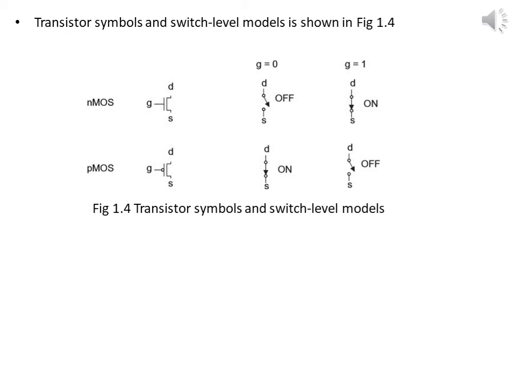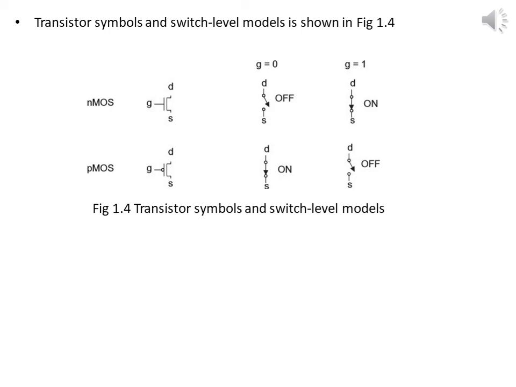So here you can observe that there is a gate, a drain and a source in both the NMOS and PMOS. But the difference here is, in NMOS at the gate nothing is there, and at the PMOS you have a little bubble over there. It is the difference between NMOS and PMOS transistors.